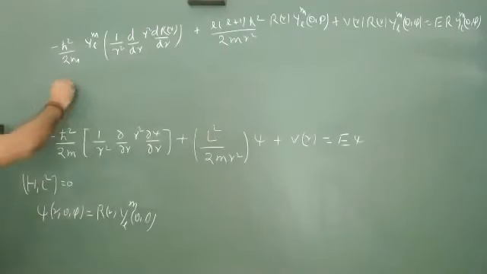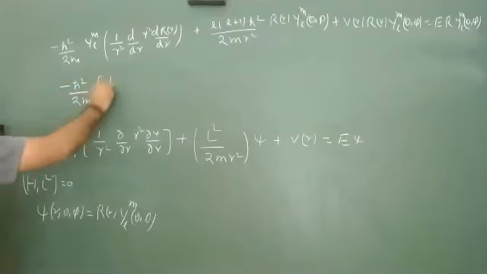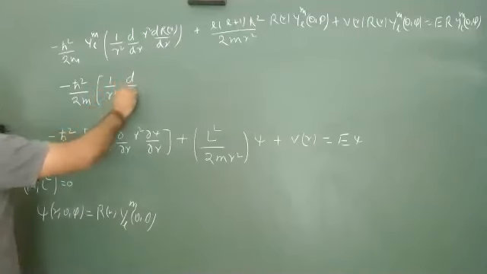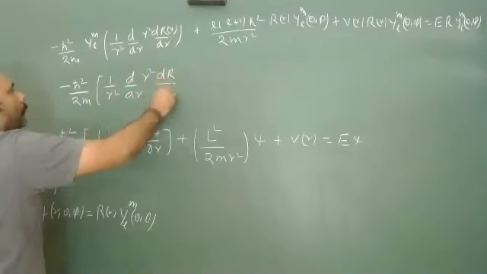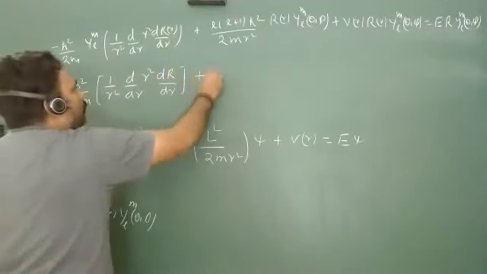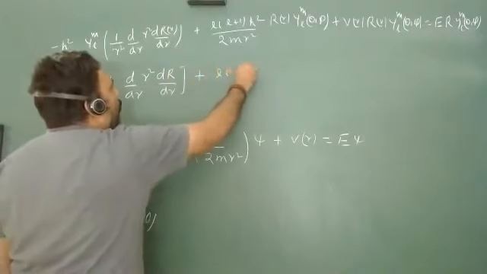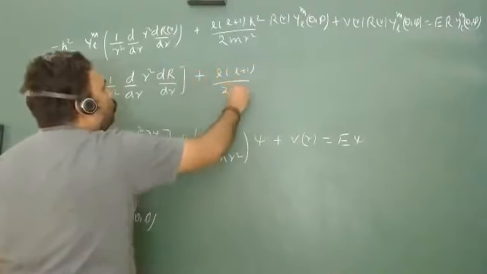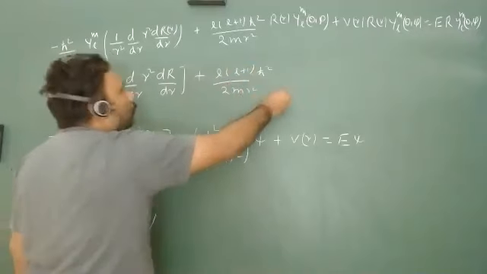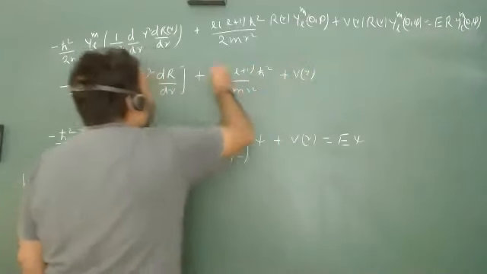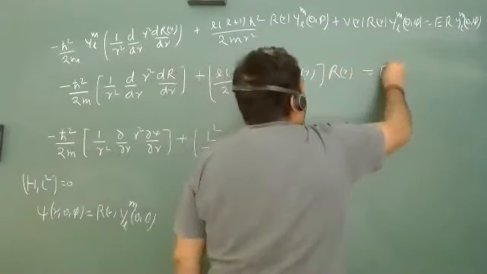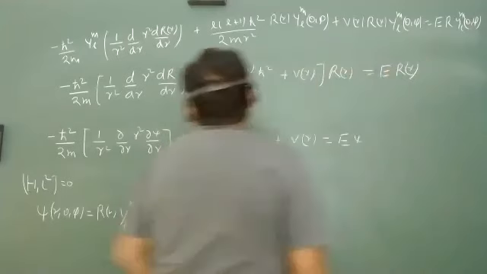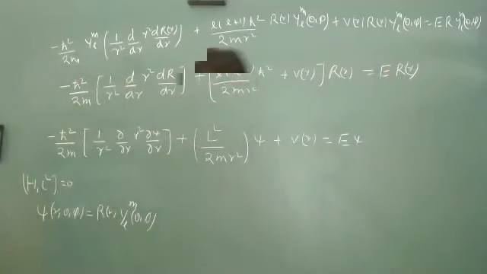So what we have: minus h cut square upon 2m, 1 upon r square d upon dr, r square dR upon dr, plus l(l+1) h cut square upon 2m r square, plus V(r), this will act on the radial part R(r), is equal to E times the radial part. So now this equation is all about the radial part.